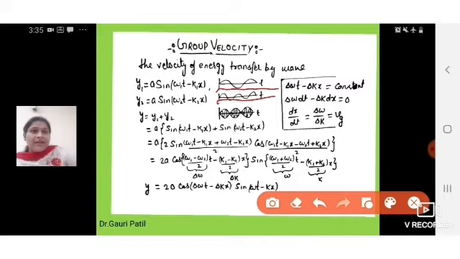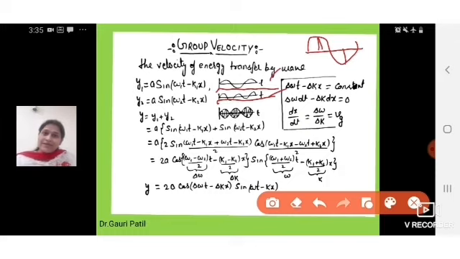Amplitude means this region in the wave. Look carefully: these two waves have the same amplitude but different angular frequency and wave vector. When these two waves interfere or superimpose with each other, we get these wave packets.